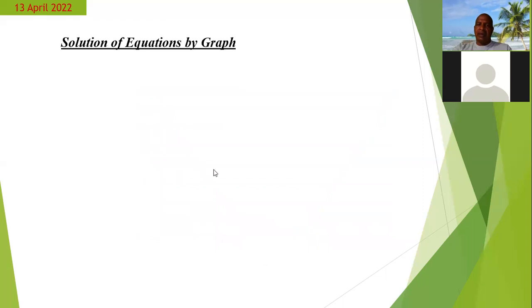Now the next thing that we're going to be looking at is solutions of equations by graph. Now, we may solve equations without a graph. We generally do that by making the unknown the subject.